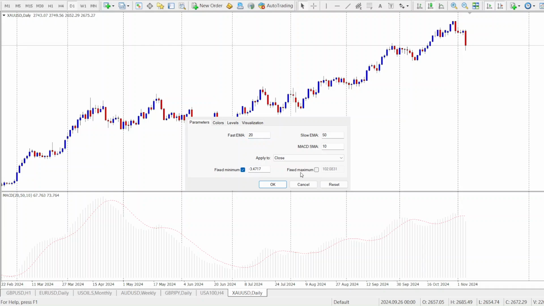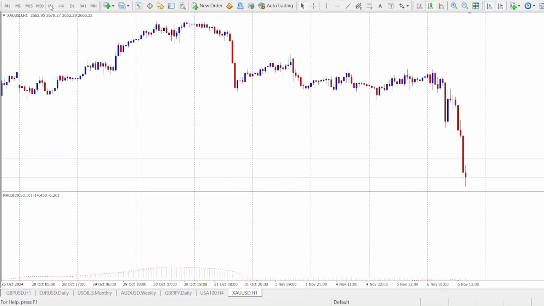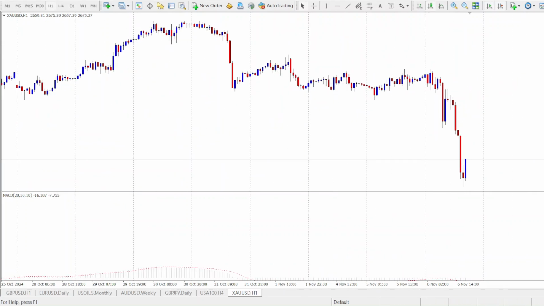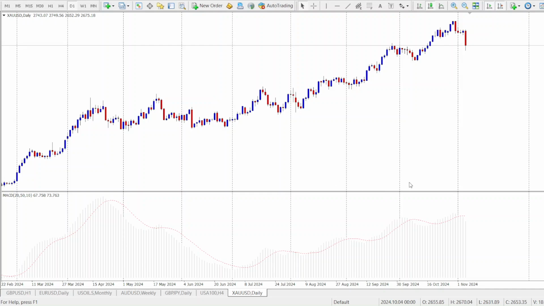We're going to use the fixed minimum and fixed maximum. So here we are on the daily time frame. One of the important components of the MACD indicator is the histogram. These are the bars that we can see, these long vertical bars. The histogram is an important component of the MACD.